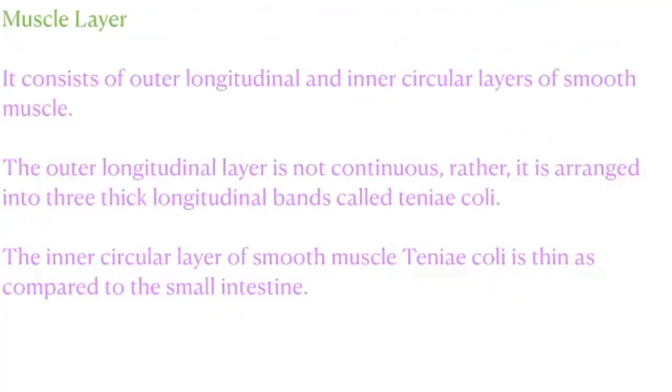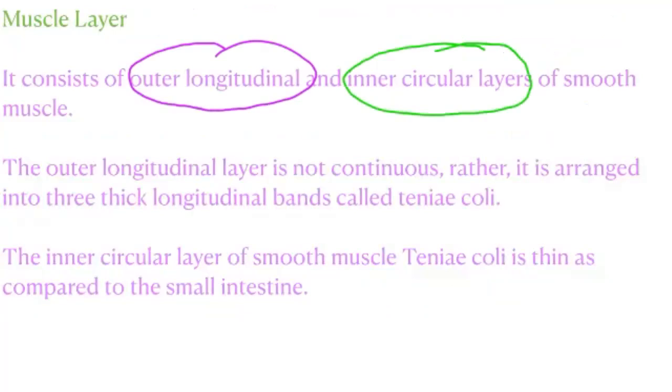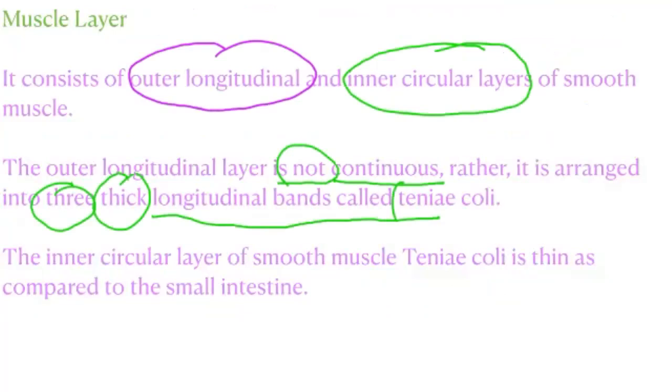Coming to the muscular layer, it consists of outer longitudinal and inner circular layers of smooth muscle. The outer longitudinal layer is not continuous, rather it is arranged in three thick longitudinal bands called taenia coli, right? The inner circular layer of smooth muscle is thin as compared to the small intestine.